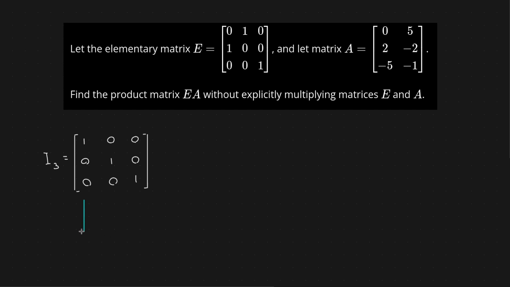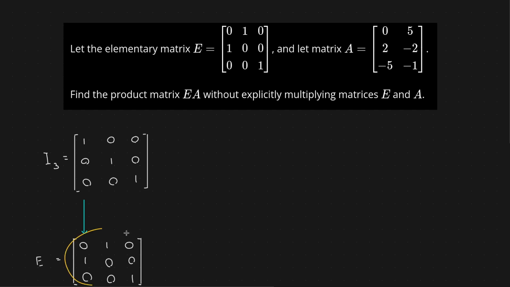And we want to apply some elementary row operation to get our elementary matrix 0, 1, 0, 1, 0, 0, 0, 0, 1. Okay. So how do we do that? What operation could we apply to go from here to here?